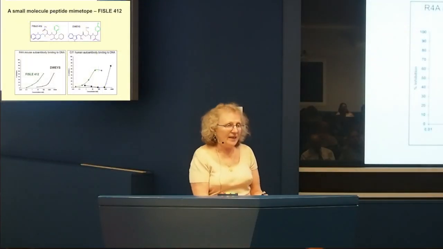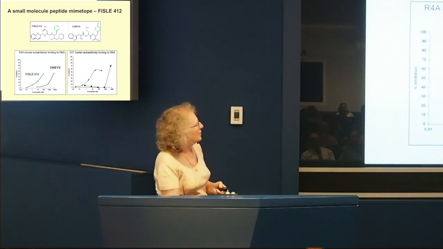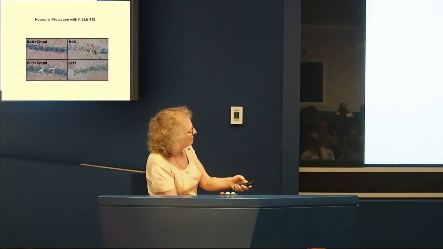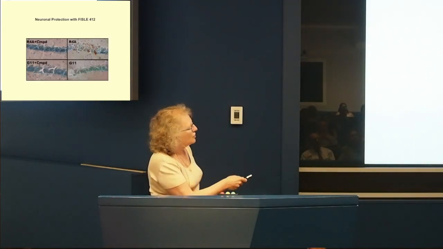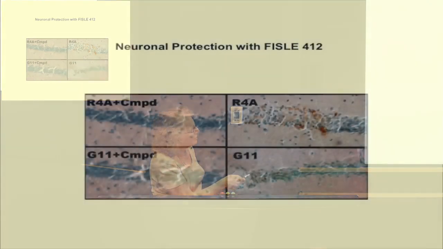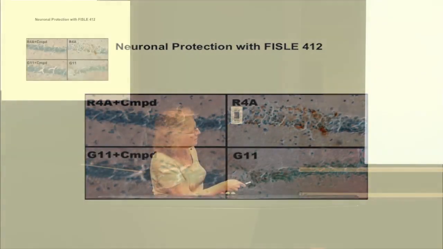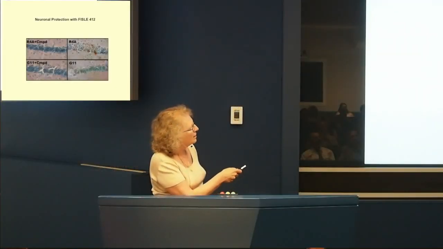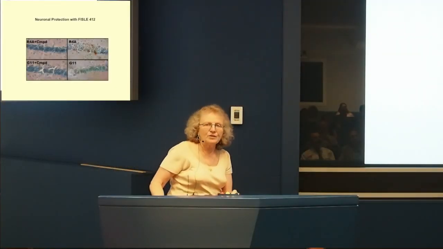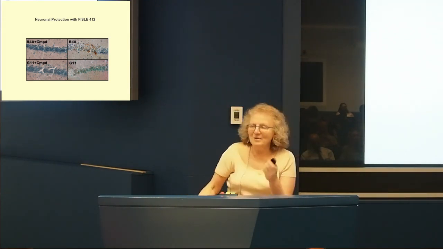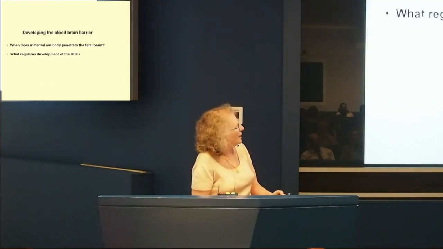We're very interested in going to clinical trials with this for neuroprotection in lupus. And this shows that small molecule, you're looking at TUNEL positivity mediated by the mouse monoclonal or the human monoclonal, and this small molecule can protect the neuron from either the mouse or the human antibody.